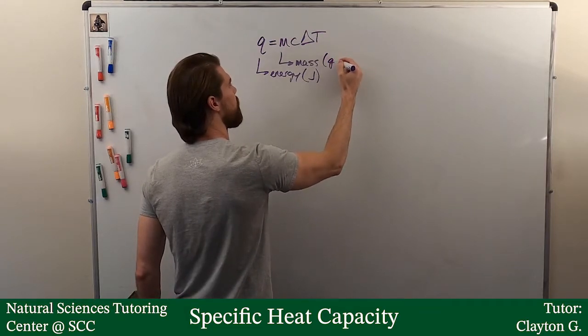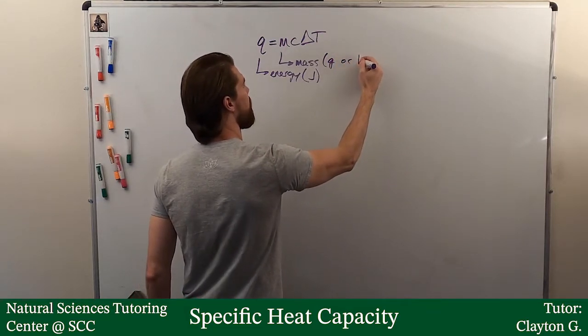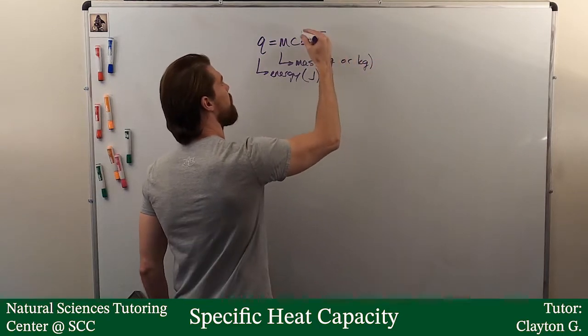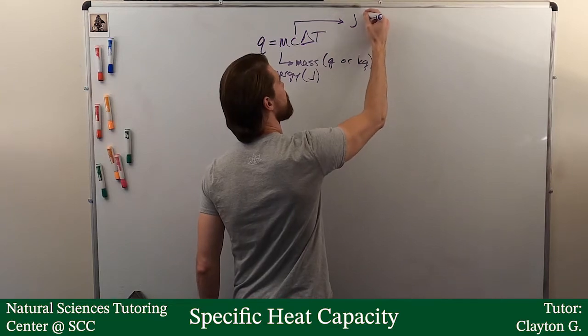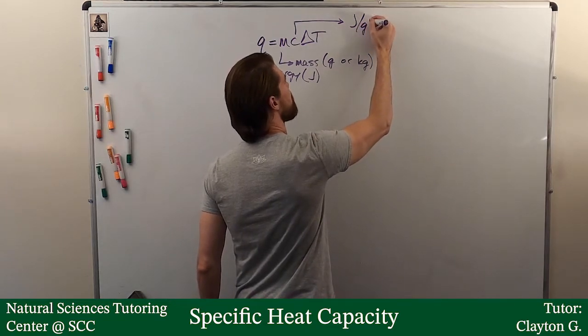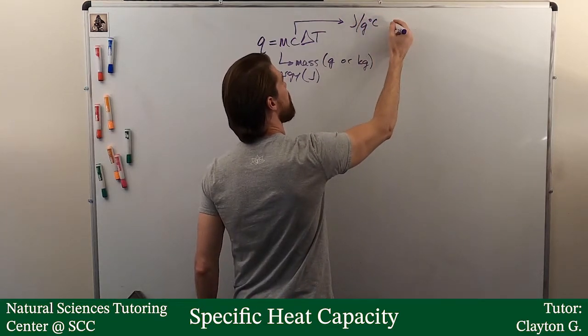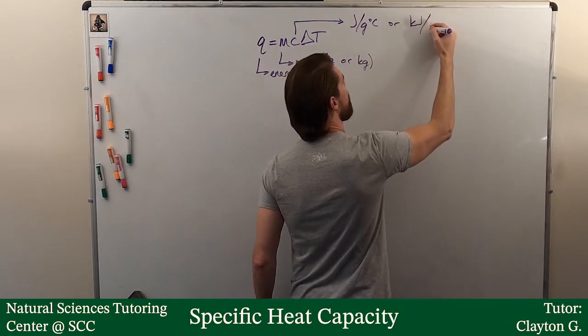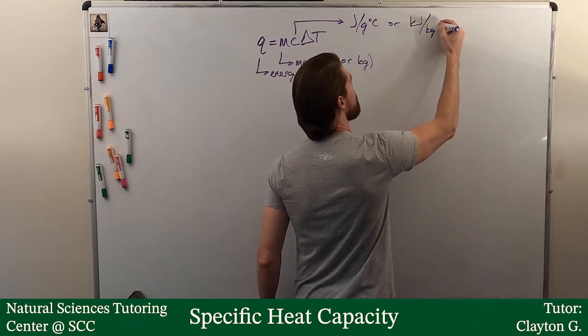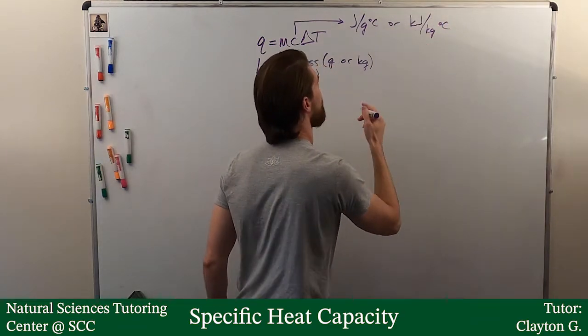Typically they'll give it to you in grams, but it might be kilograms, depending. The specific heat capacity is going to be in joules per gram degrees Celsius, and might also be in kilojoules per kilogram degrees Celsius. It just depends on how you might see it.